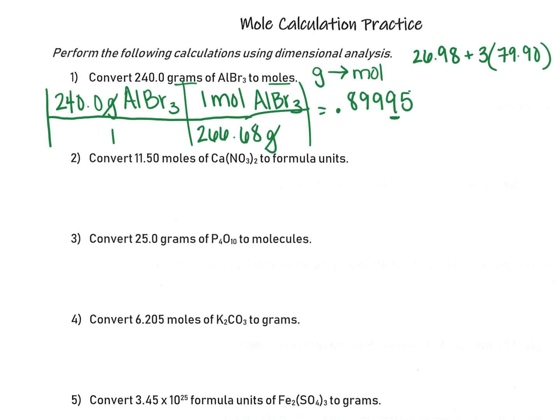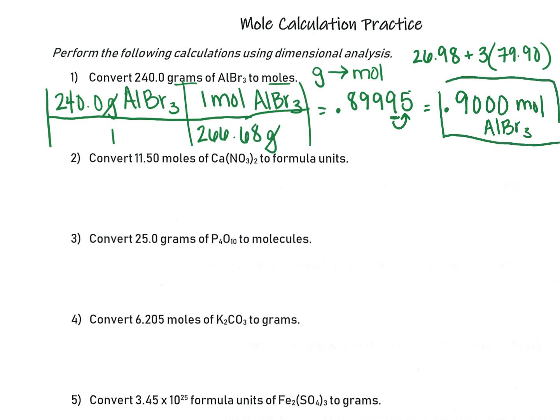This 9 is your 4th sig fig. What does that 5 cause you to do? Round up. So you're going to round it. It ends up being 0.9000. And then what's your unit? Okay, moles of aluminum bromide. So make sure you get moles in there, and if you can get your chemical, even better.